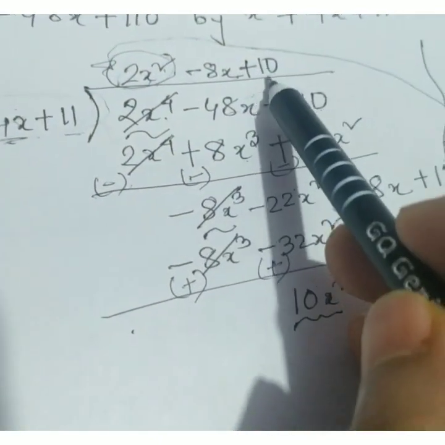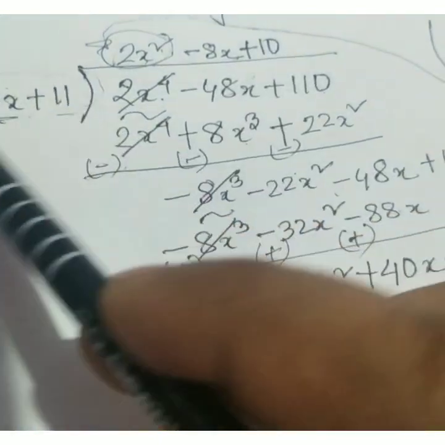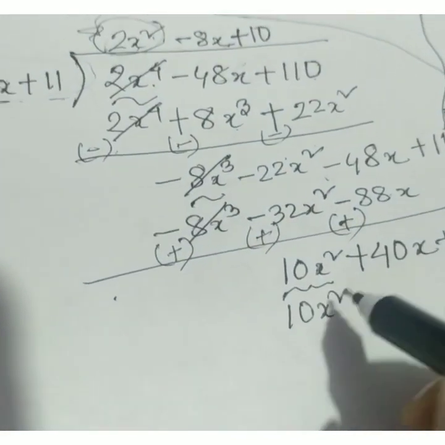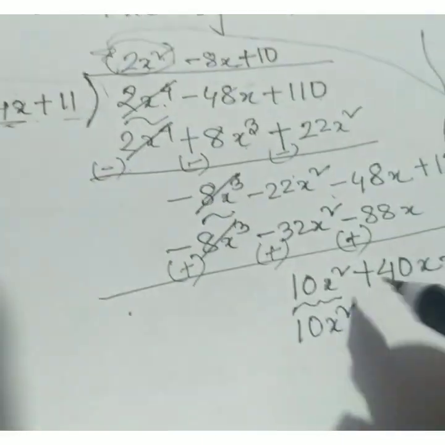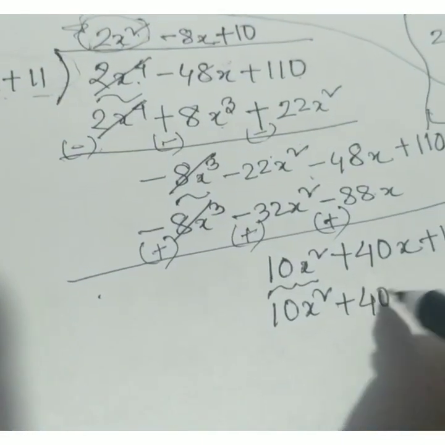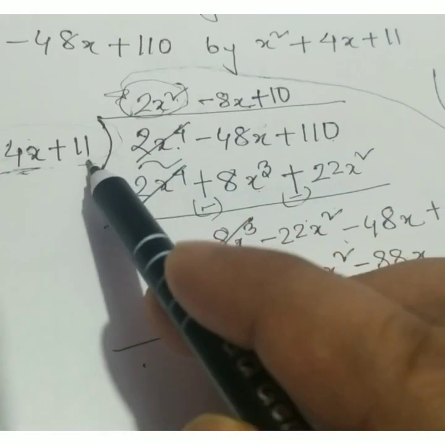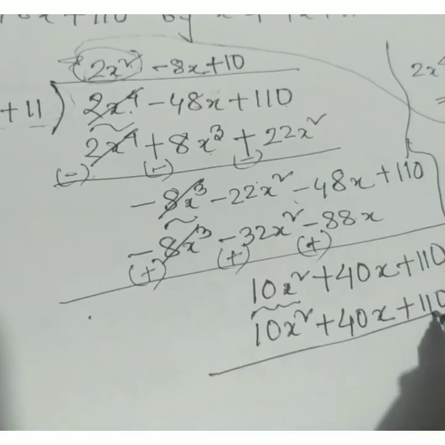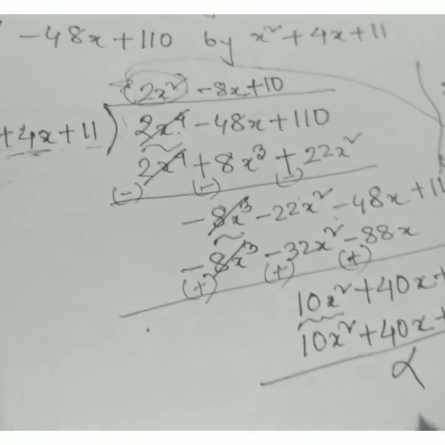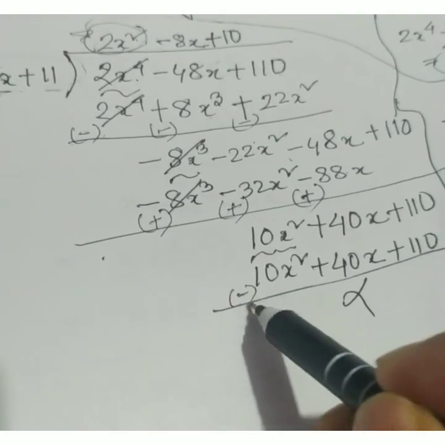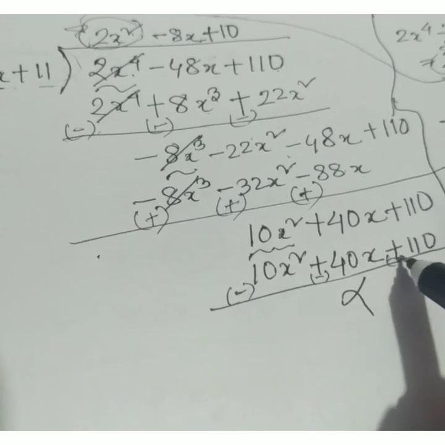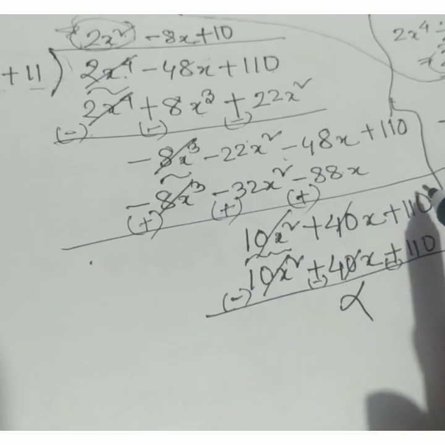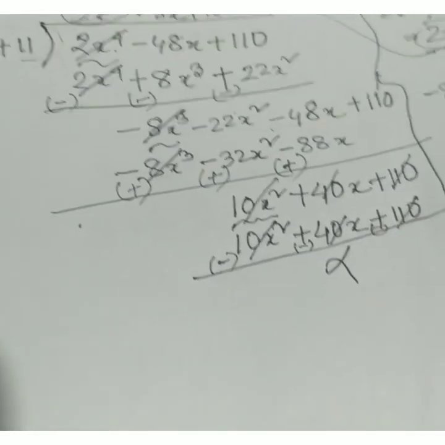So now if I multiply 10 with the whole polynomial, 10 into x² is 10x². 10 into 4x, 40x. 10 into 11, 110. So you see, this becomes minus, this becomes minus, this becomes minus. So plus 10x² minus 10x², plus 40x minus 40x, plus 110 minus 110.